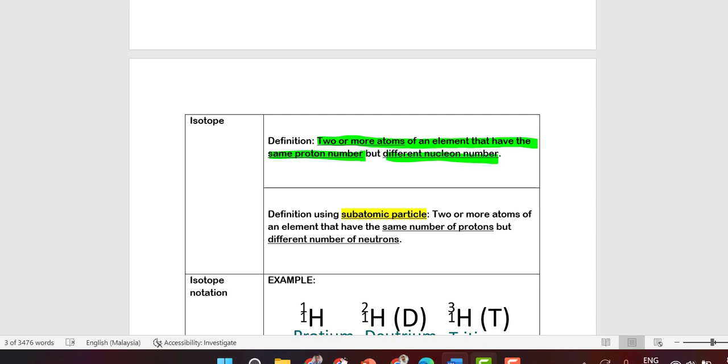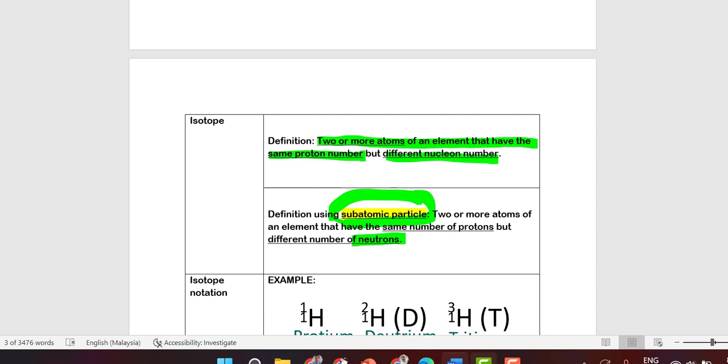If the question asks you to define isotope in terms of subatomic particles, the definition would be the same, but the difference is: 2 or more atoms of an element that have the same number of protons but different number of neutron.